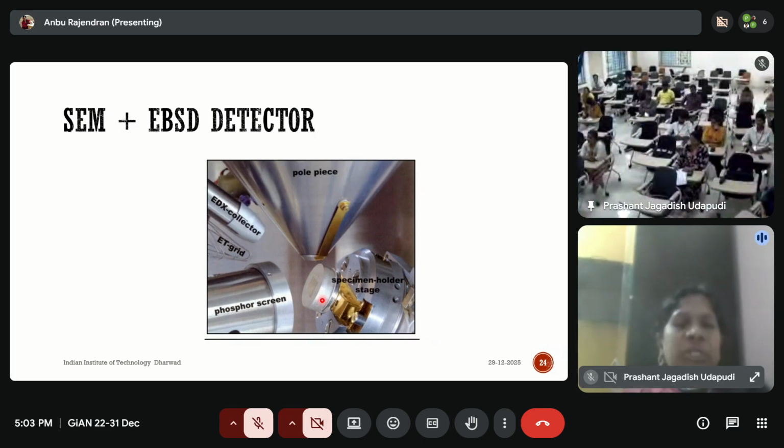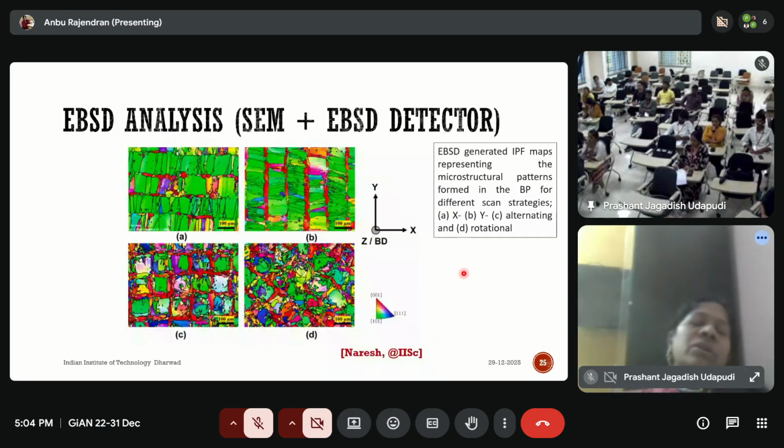You have to use separate software for the analysis. BSE images, SE images, and EDS do not require additional software for the analysis, but EBSD does. By using the additional software, you can get a lot of information.